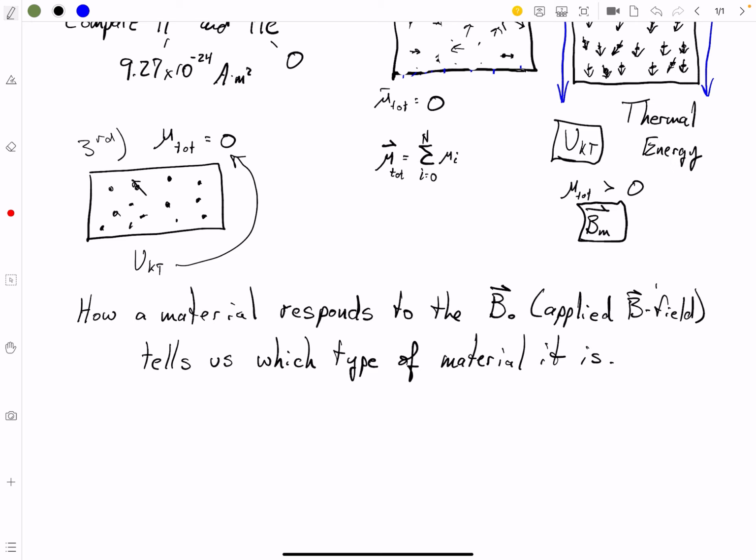So we've got paramagnetic, we've got diamagnetic, and then we've got ferromagnetic.